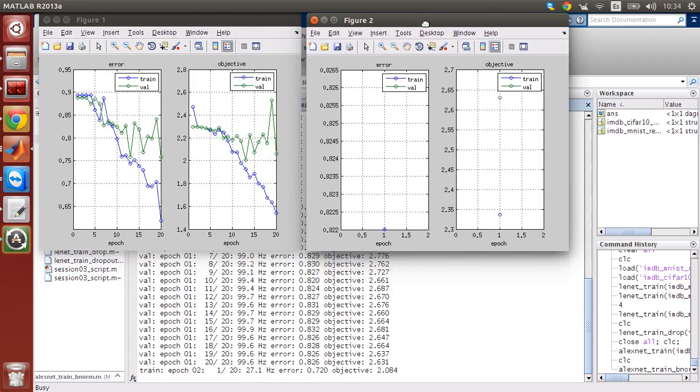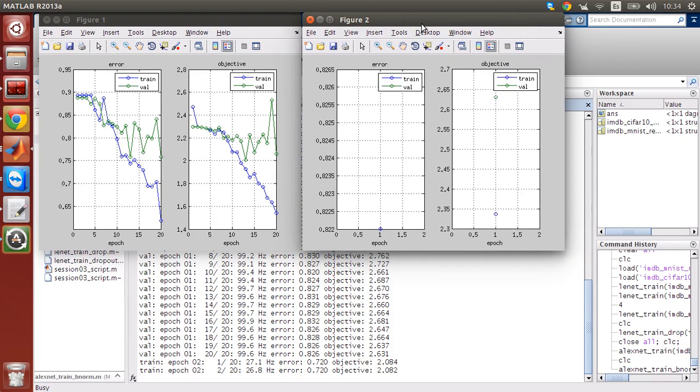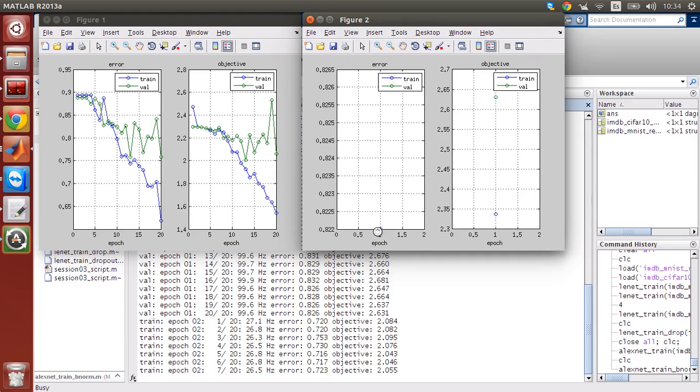For the first epoch, our train error is already much lower than it was in the original net. So 82% of error against almost 90% of error.